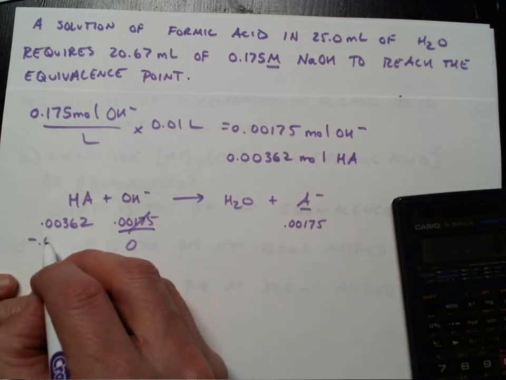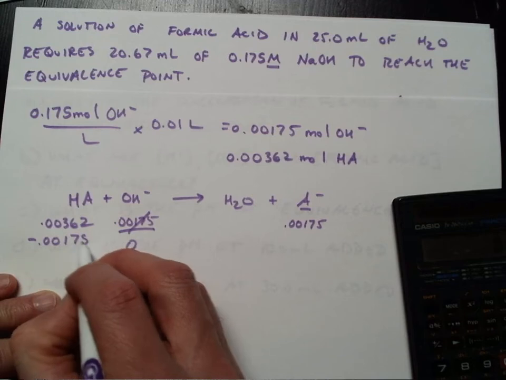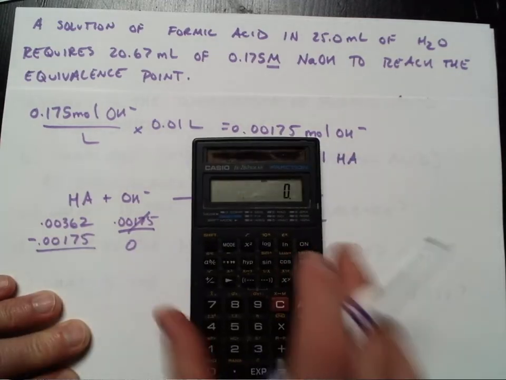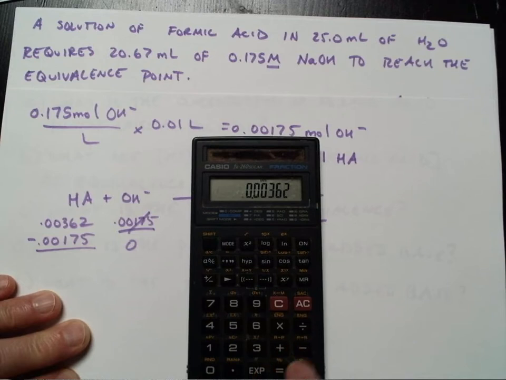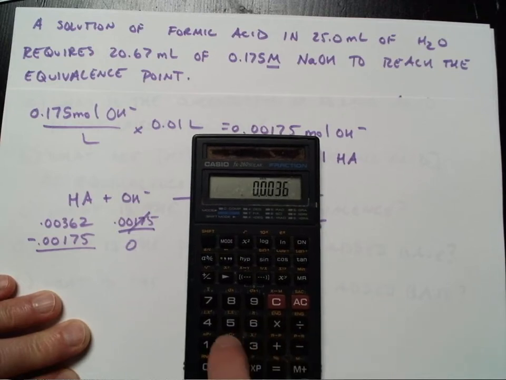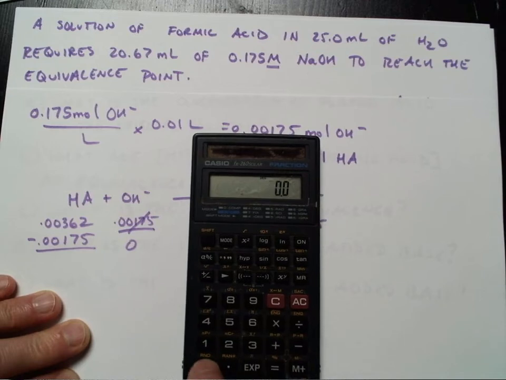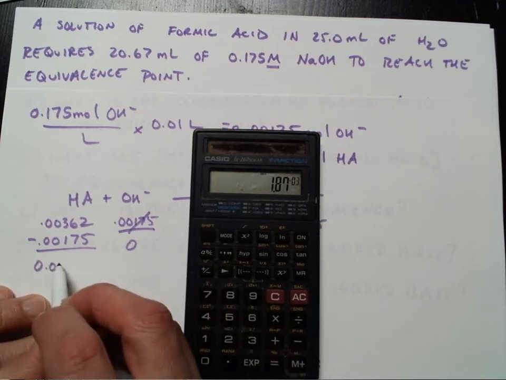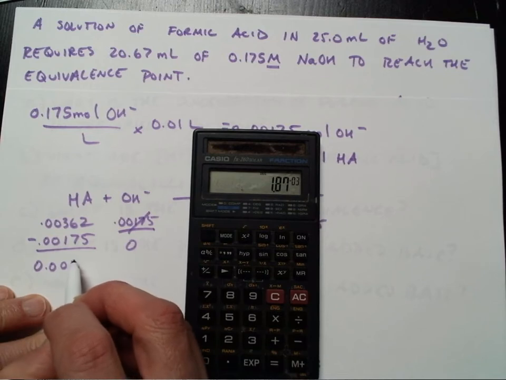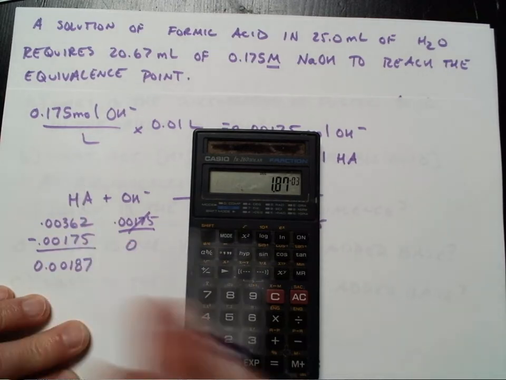We're going to lose 0.00175 moles of my acid. 0.00362 minus 0.00175, so I got 0.00187 moles of my acid.